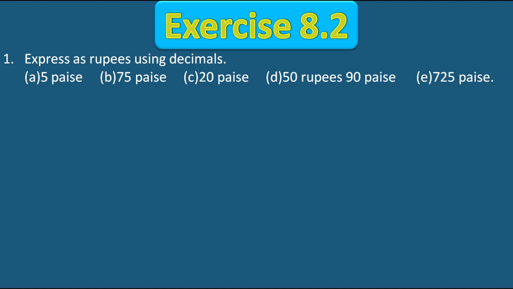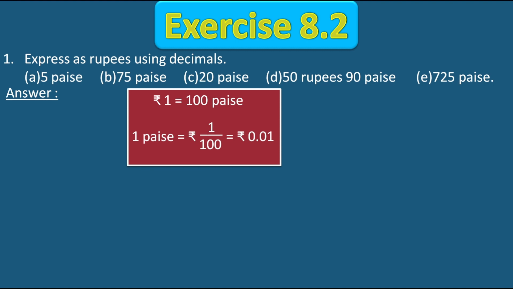So for that you should know 1 rupee is equal to 100 paise and therefore 1 paise is equal to rupees 1 upon 100, means out of 100, 1 paise. Out of 100 paise we are choosing 1, therefore 1 upon 100 can be called as rupees. If we convert into decimals it will become rupees 0.01.